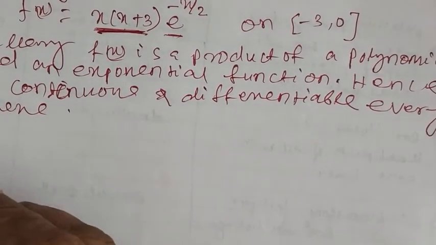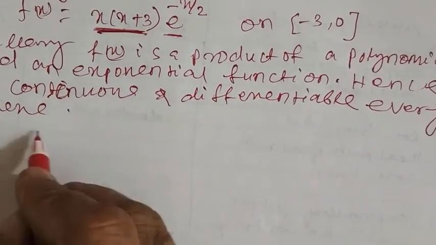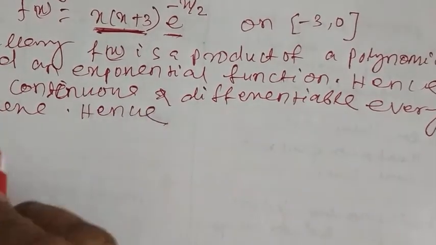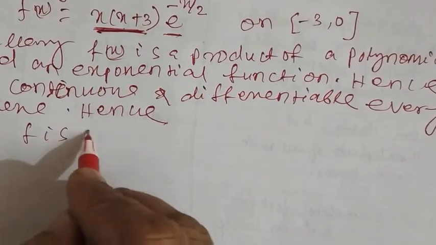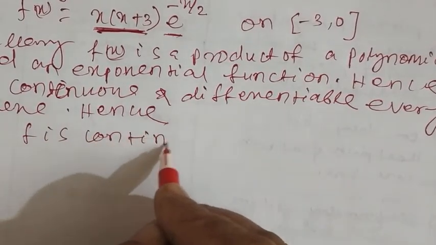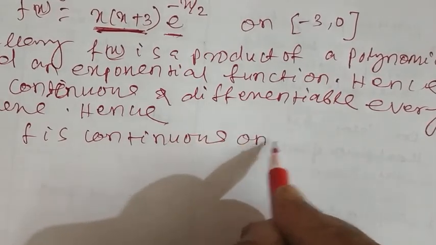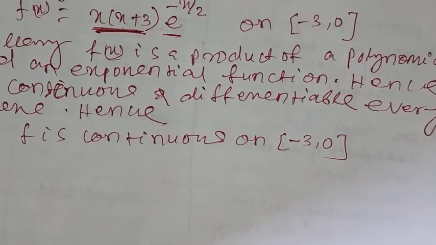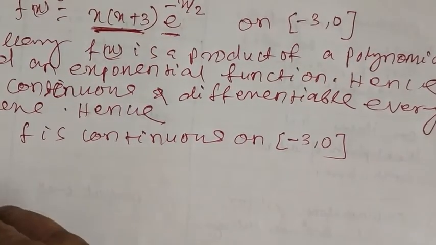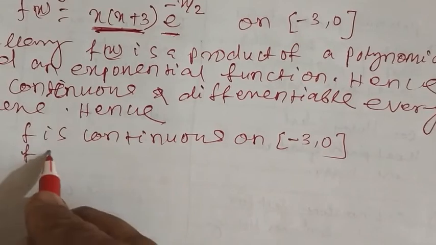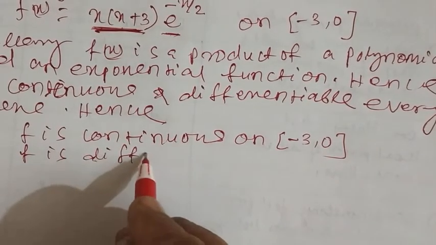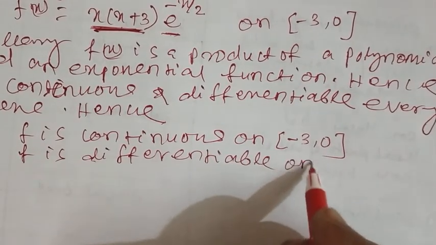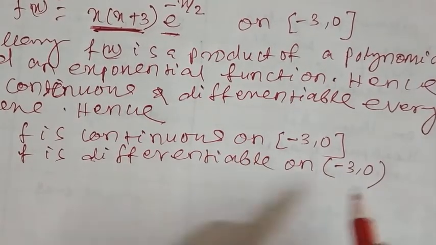Now come to the conditions first. First condition, f is continuous on closed interval [-3, 0]. It may be continuous and differentiable everywhere, but you will have to write the conditions. Second, f is differentiable on open interval (-3, 0).